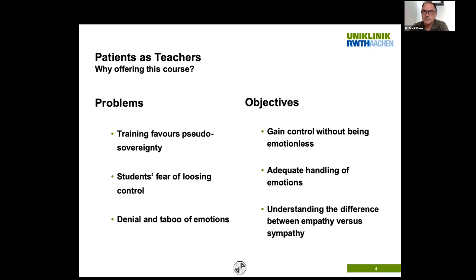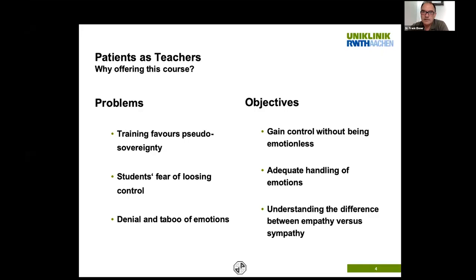So the objectives of this practical training were to gain control without being emotionless in contact with the patient, and to get an adequate handling of one's own emotions. Often students ask us as teachers, are they allowed to cry when being in contact with the patient? This is a very important question, and we can get nearer to this problem with this practical training.